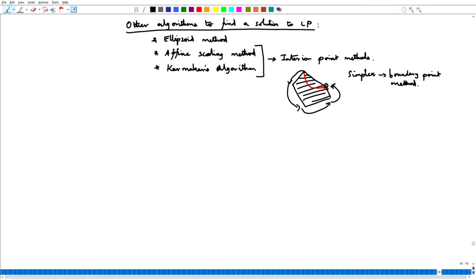So what am I basically saying? I am saying that this is actually a very different method. Of course, Karmaker's algorithm, the affine scaling method and the simplex method are all solving the same LP problem, but the way they approach a linear programming problem is very different.